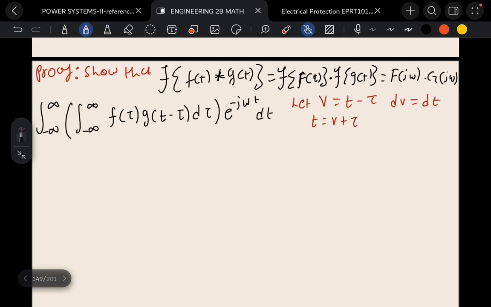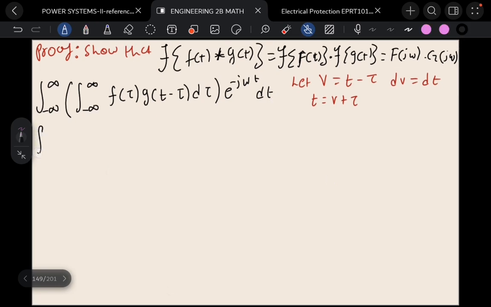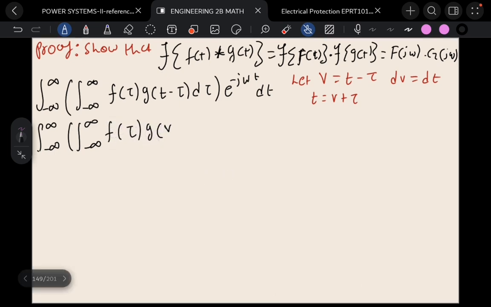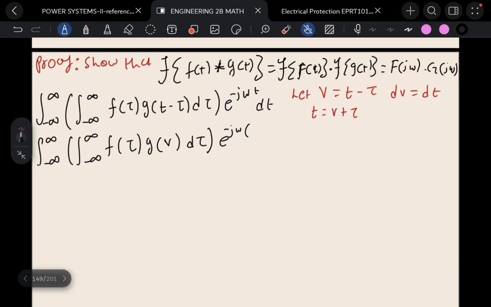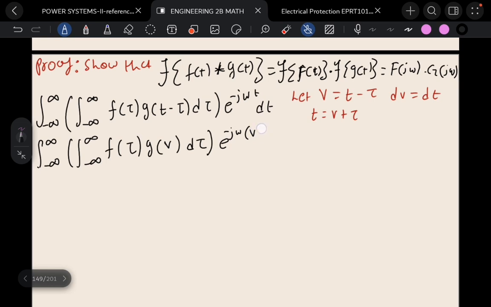If we do that, I'm going to have an integral from negative infinity to positive infinity of an integral from negative infinity to positive infinity of f of tau g of v dv d tau e to the power negative j in bracket. So what is your value of t? Your value of t, it is v plus tau.